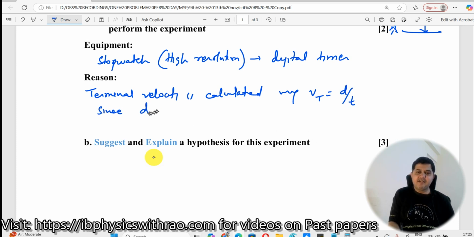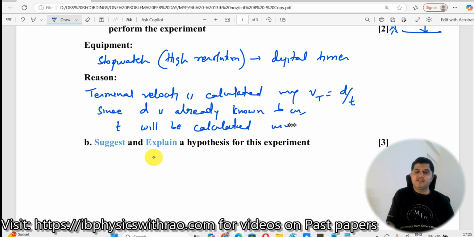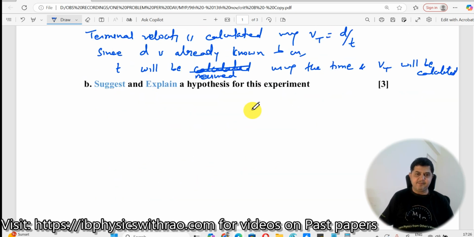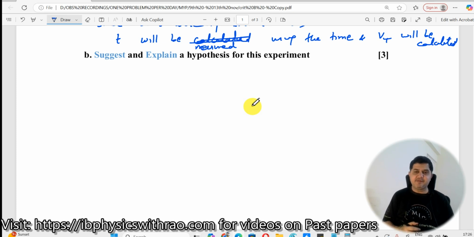Since d is already known to us, t will be measured using the timer, and terminal velocity is calculated. Okay. Right. Anything else? That's it. Then suggest and explain a hypothesis for this experiment.